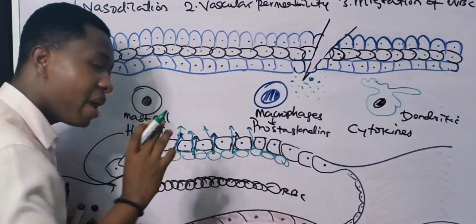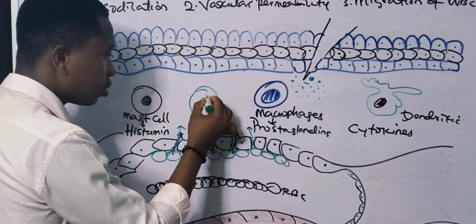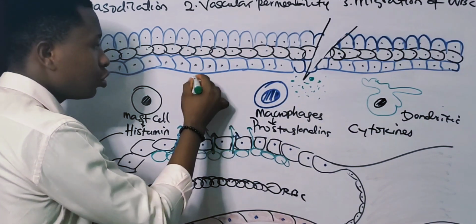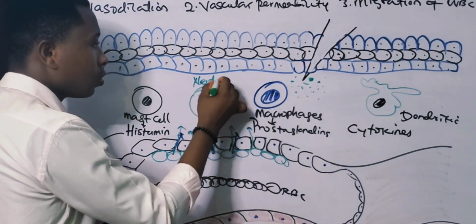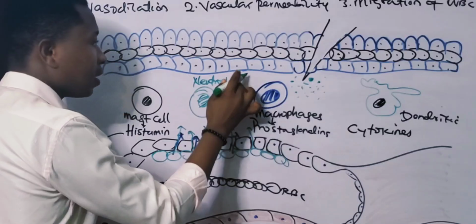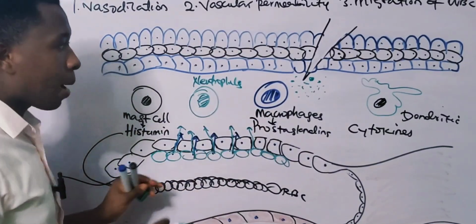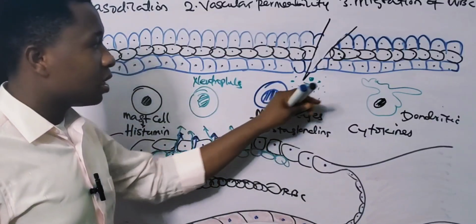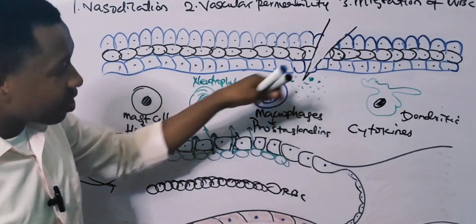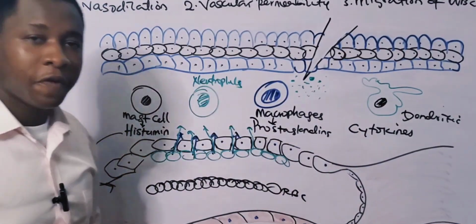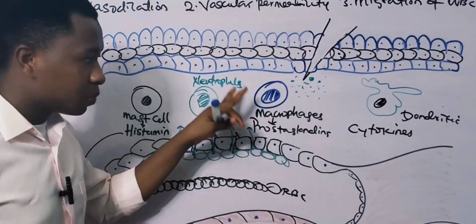So cells, majorly neutrophils, that are phagocytic in nature, come out of the blood vessel and begin to engulf these bacteria, thereby clearing all infection in that particular spot.